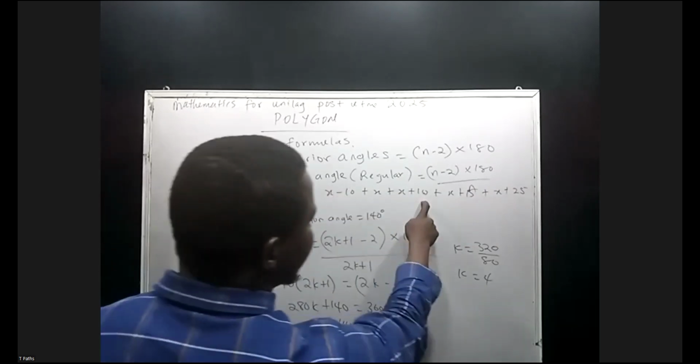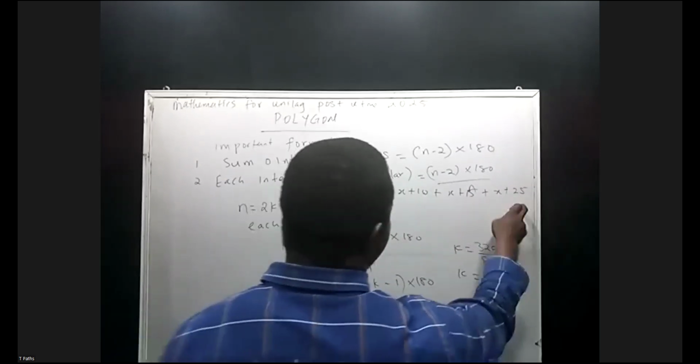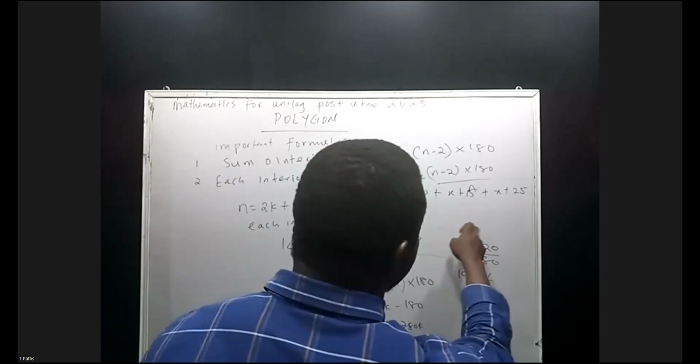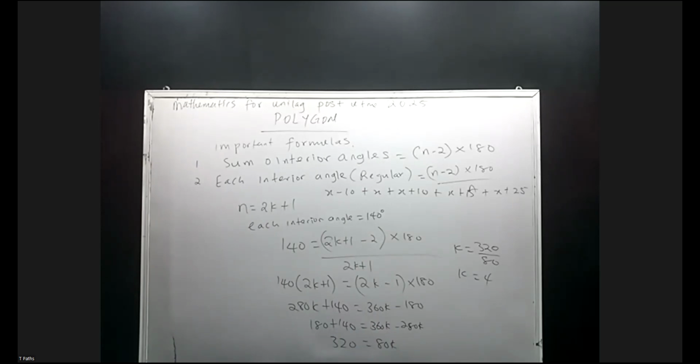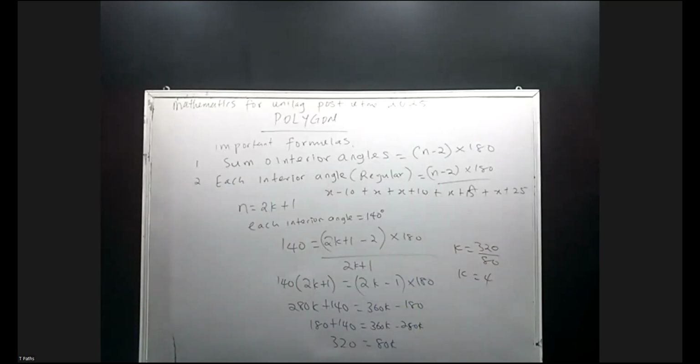Minus 10 plus 10 is 0. 15 and 25 is 40. 360 minus 40 is 320. 320 divided by 5 is 64. So the answer is 64.